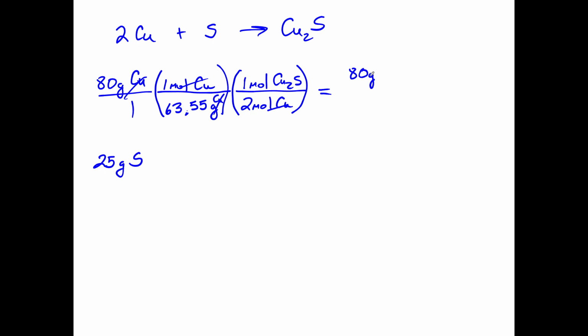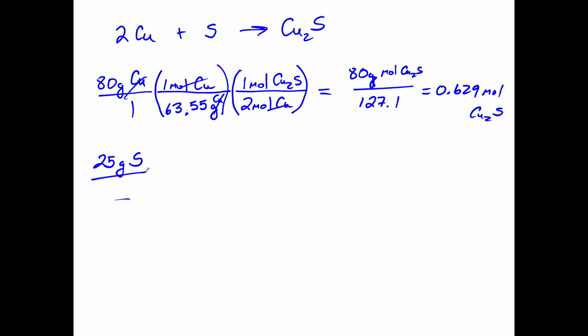So this is 80 mole of Cu2S divided by 63.55 times 2. That's 127.1. You take and then divide that into 80, and you should come up with 0.629 moles of copper 1 sulfide.